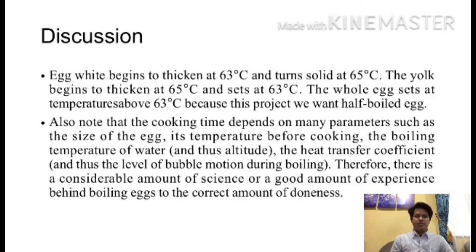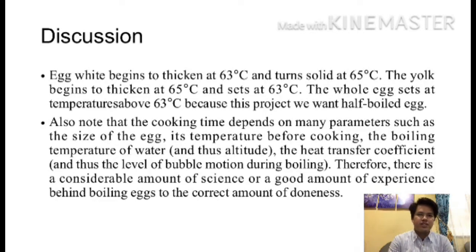Hi, my name is Muhammad Rizman and I will talk about the discussion. First, the egg white begins to thicken at 63 degrees Celsius and becomes solid at 65 degrees Celsius. The yolk begins to thicken at 65, then sets at 70 Celsius. The whole egg sets at a temperature of about 63 Celsius, because in this project we want a half-boiled egg.